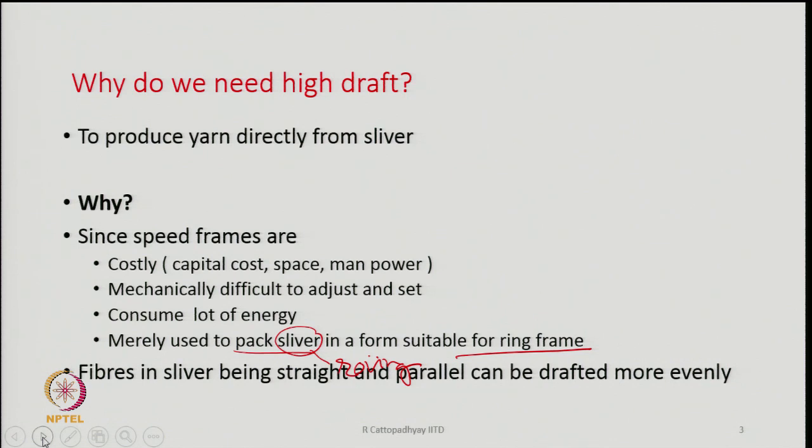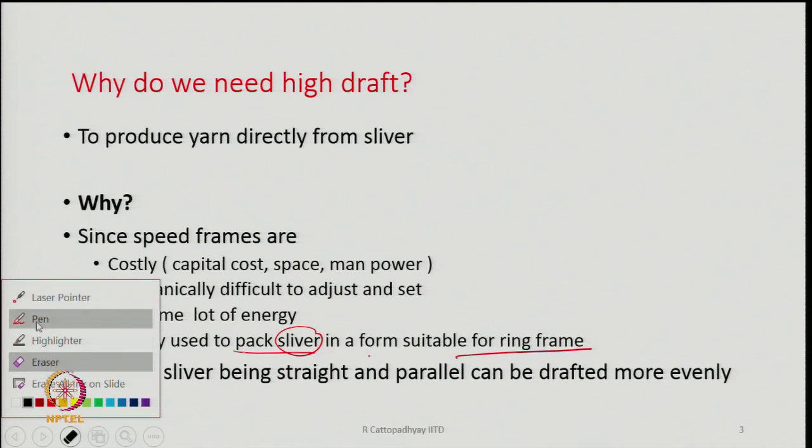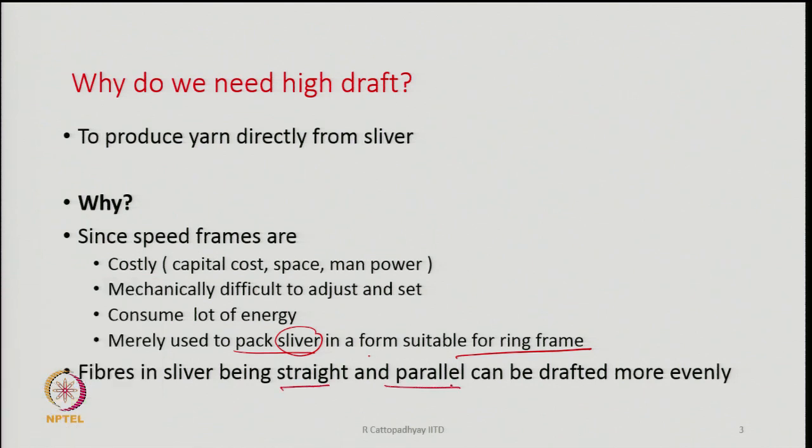The other thing is, fibers in slivers are very straight and parallel, so they can be drafted more evenly and more easily. But when we convert this fiber into roving, we twist it, and therefore the straight parallel arrangement of the fiber is transformed into a helical arrangement of fibers in the roving.